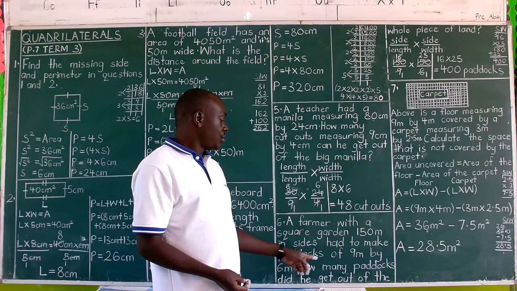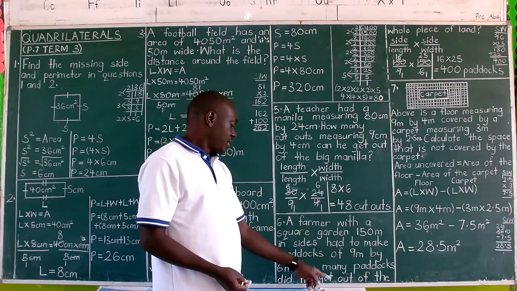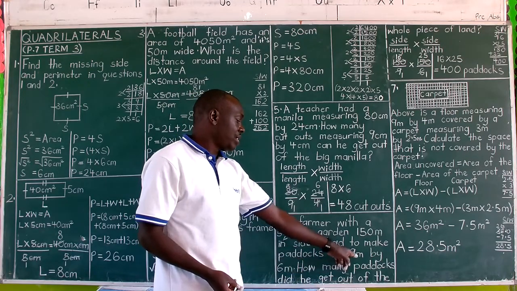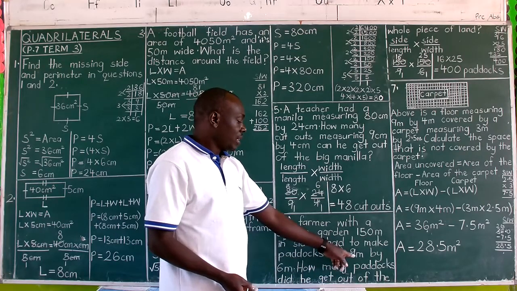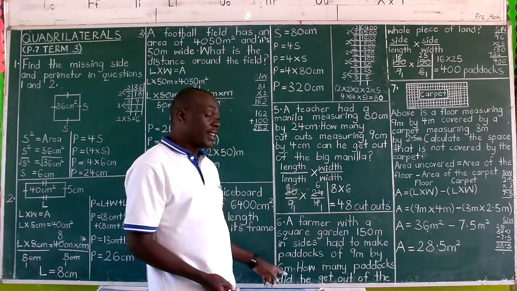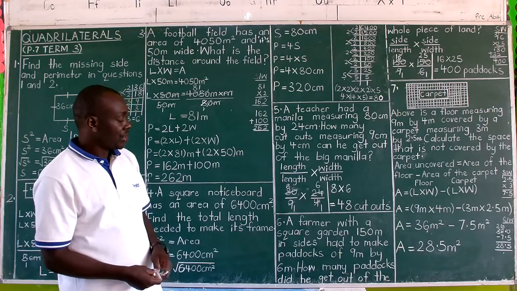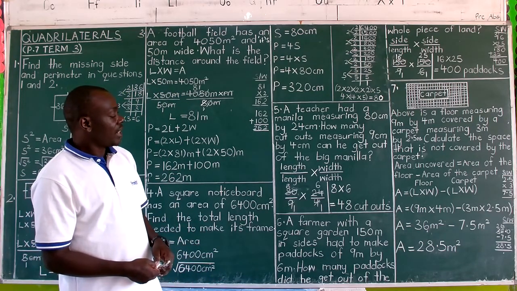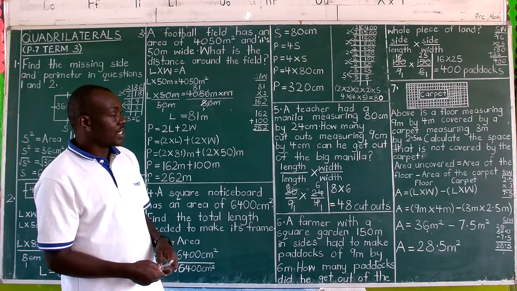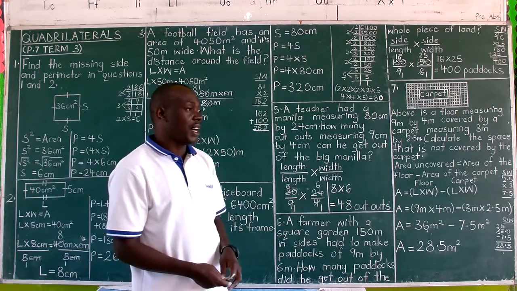Whereas each of the paddocks is rectangular. That's why you see varying measures of its length. It's 9 meters in length and 6 meters in width. So we are trying to get rectangular cutouts or divisions from a square.